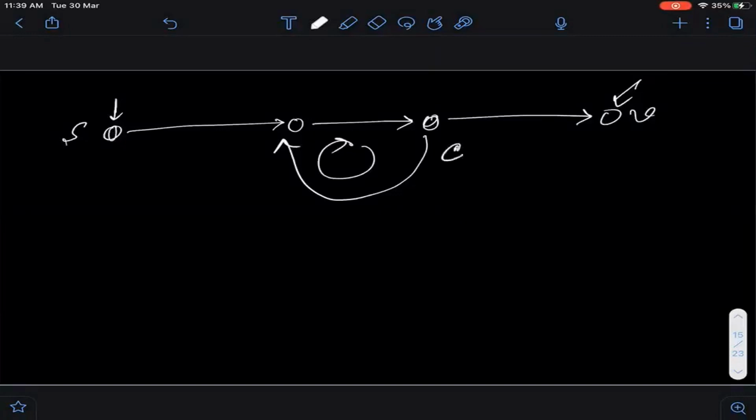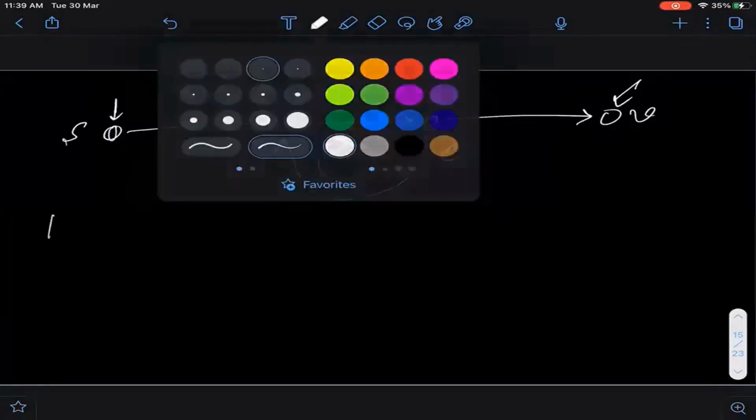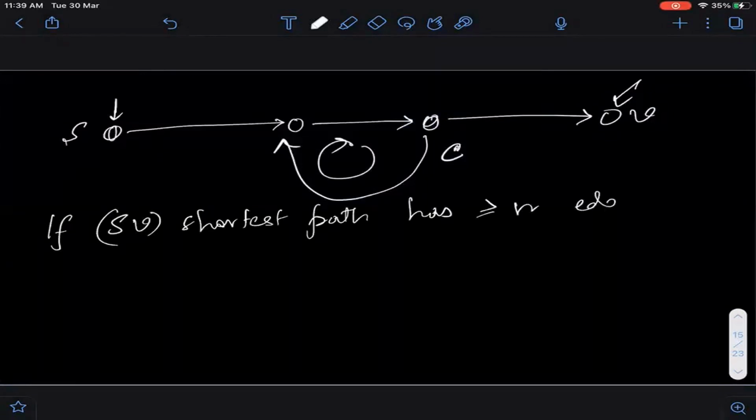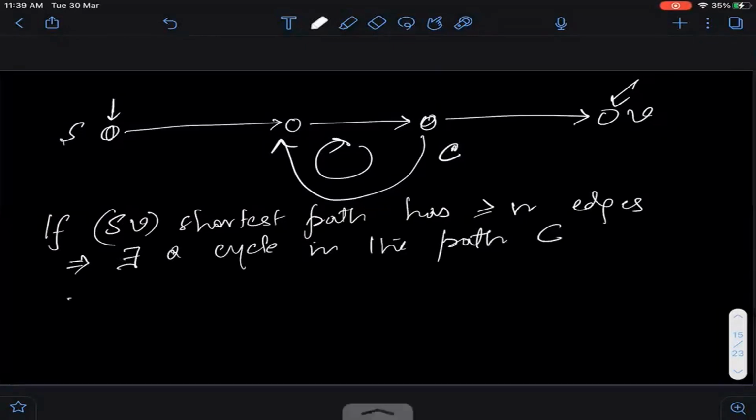So if the SV shortest path has greater than or equal to n edges, this implies there exists a cycle C in the path, and this implies C is a negative cycle.